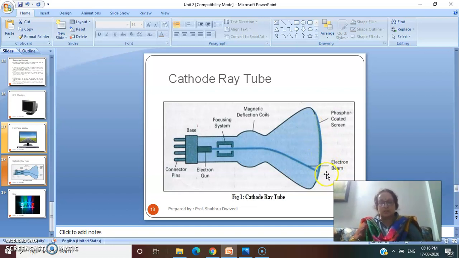We need to hit the electrons again and again on this phosphorus coated screen so that the images do not get blurred or the screen does not go blank or dark. Whenever you switch on your monitor or TV, you always want to see the light, so for that, electrons are hit again and again on the phosphorus coated screen.